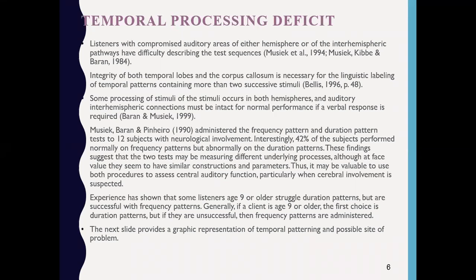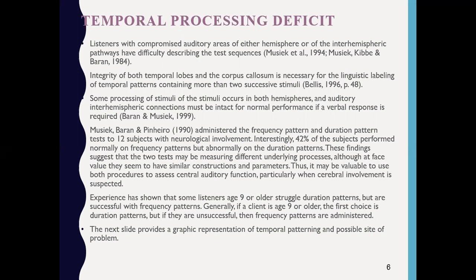So when you talk about a temporal processing deficit in the auditory system, you're essentially talking about the right hemisphere's ability to hear timing changes in auditory information. If it is in the right hemisphere, it's the brain's ability to detect that. In order for the patient to let you know they can hear the pitch changes, they have to give a verbal response.